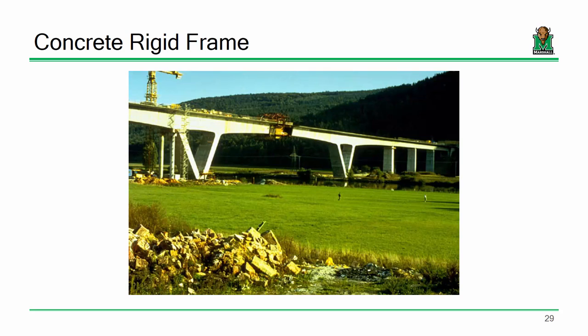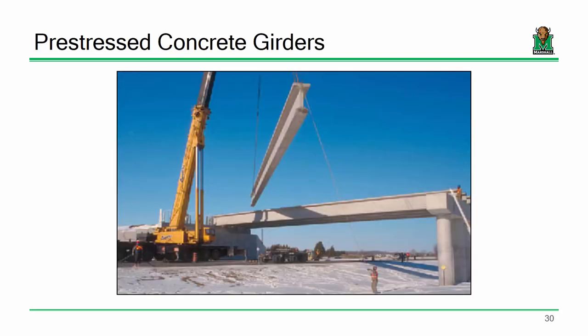Again, like steel, you can have very similar structures. Again, that rigid frame concept as well in concrete. Also, if you've had pre-stress, I'm sure you've seen these before, your AASHTO type 3s and what have you, bridge girders and whatnot. Obviously a pretty straightforward pre-stress element and a pretty popular one.